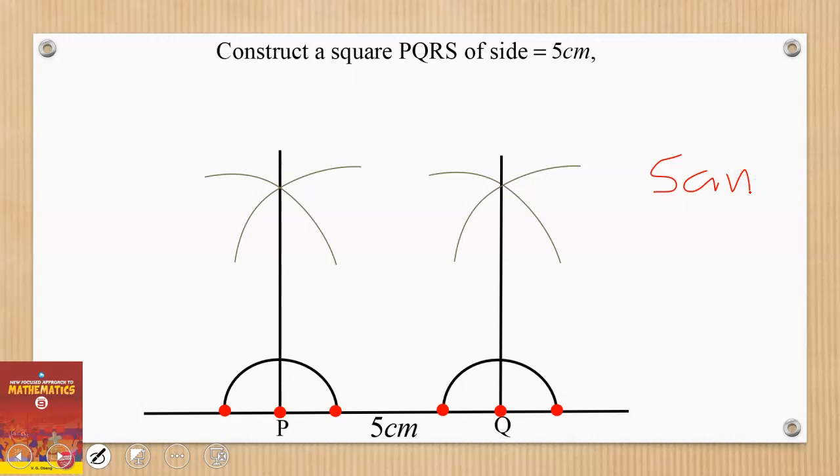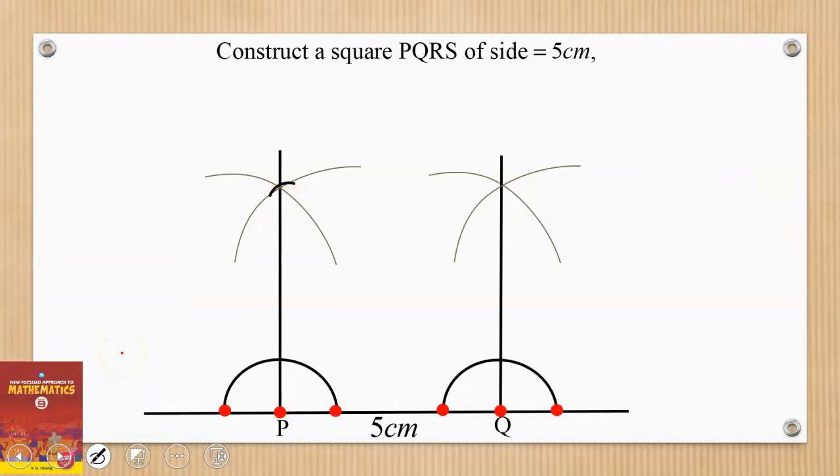Now, because we are going to construct a square and each side should be 5 centimeters, use your compass, measure 5 centimeters using your ruler, put a compass pin at P and construct a small arc. That makes the distance between this point and that point 5 centimeters. Is that okay? Good.